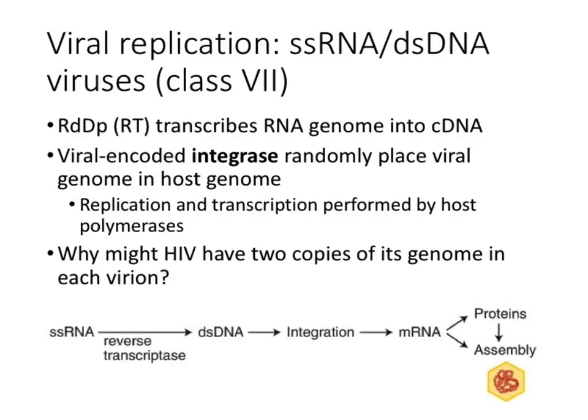And yeah, it has its own RdDp, right? One characteristic that's true for all retroviruses: what happens to the cDNA, the complementary DNA, after the reverse transcription? Yeah, it's integrated into the host genome.